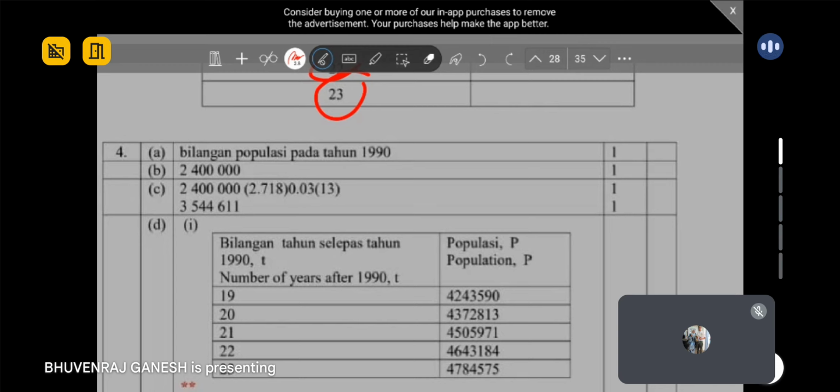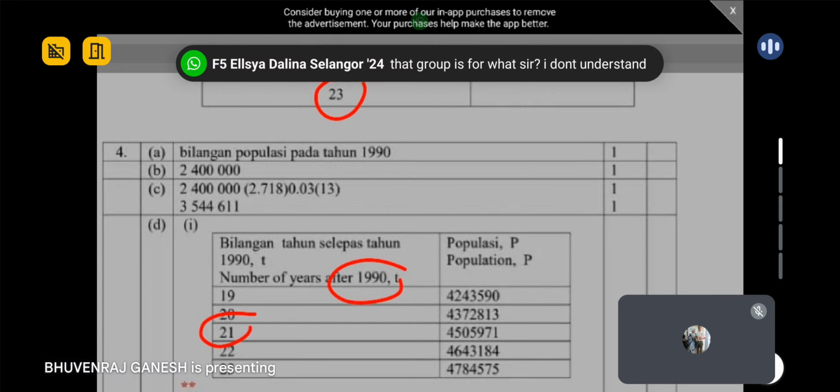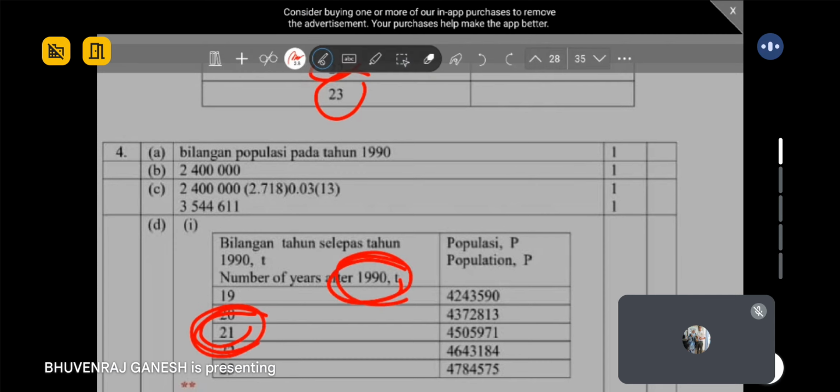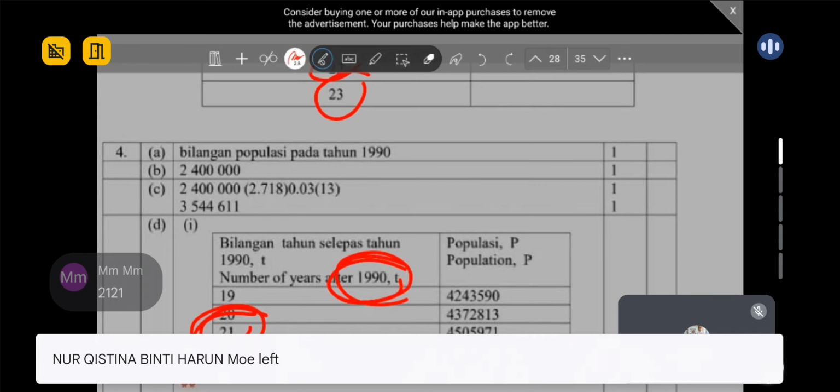Which year here does it exceed 4.4 million based on this table? Have you looked? Yes, at the 21st year. Am I right? So guys, how to find that year? Just take 1990 plus 21. Am I right guys?